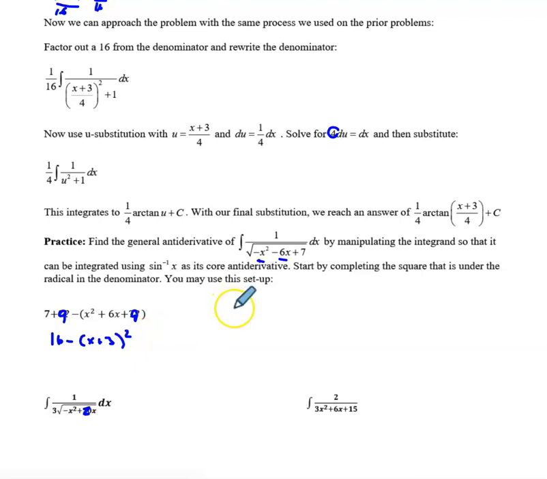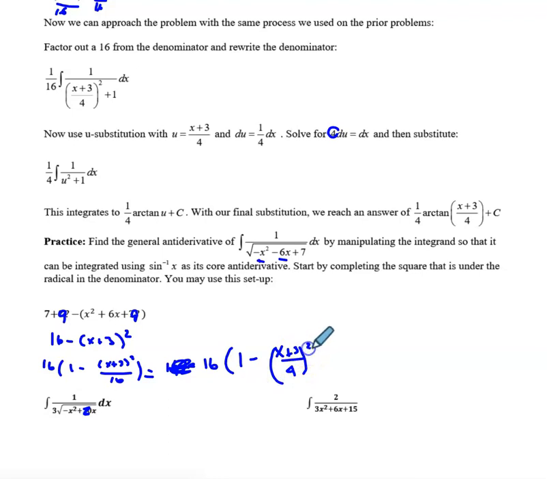One more thing I'm going to do is factor out a 16 here to have 16 times 1 minus x plus 3 all squared over 16, which of course gives me 16 times, let me rewrite this, 16 times 1 minus x plus 3 over 4 all squared.